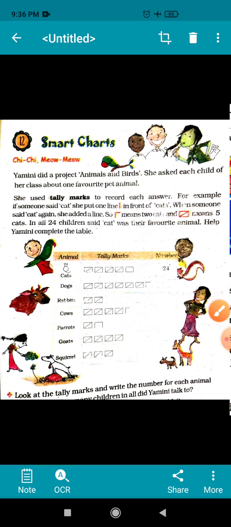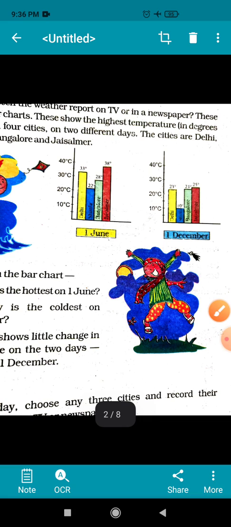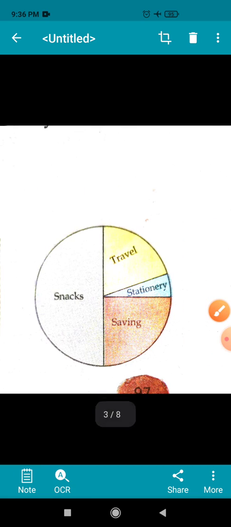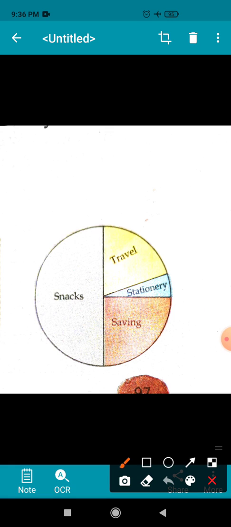Children, you can also read and draw bar graphs. Today, in this class, we will learn about one more smart chart known as pie chart.